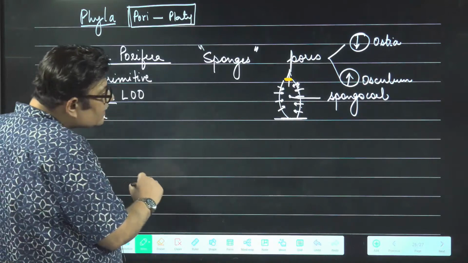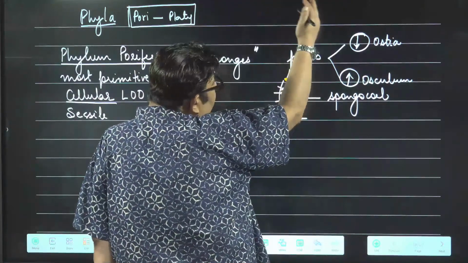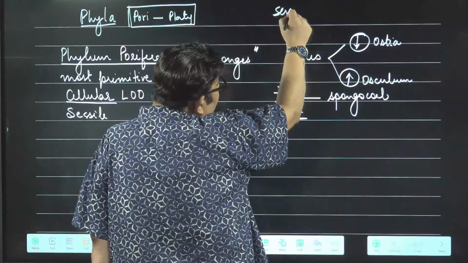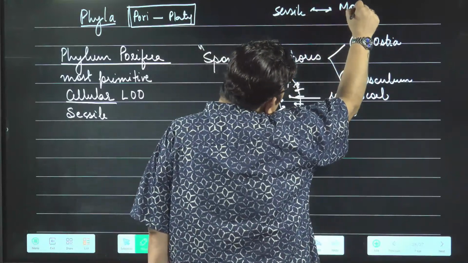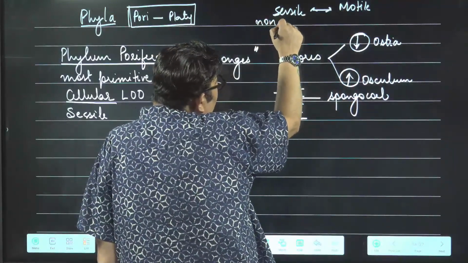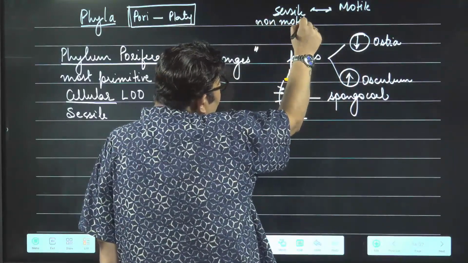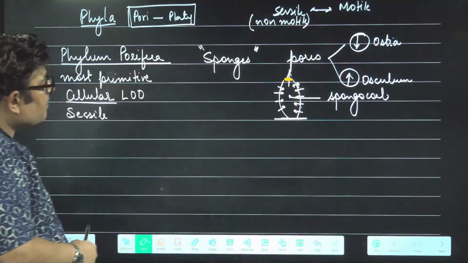The term sessile stands for non-motile. So what is opposite to sessile? The opposite of sessile is motile. Motile means movable. Sessile means non-motile. So either you can call them non-motile or you can call them sessile.